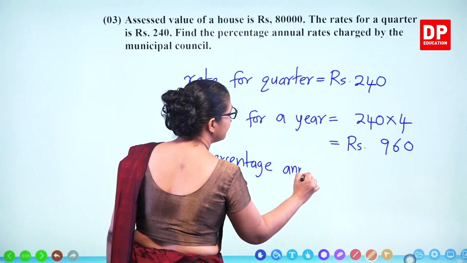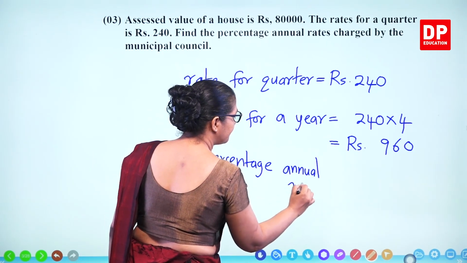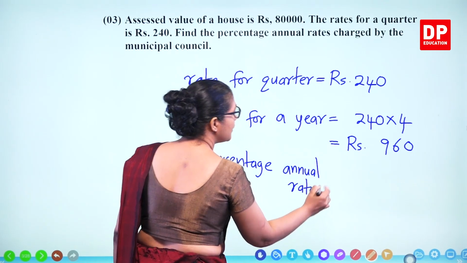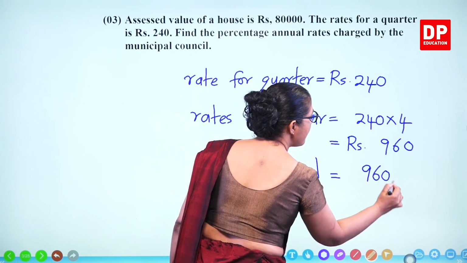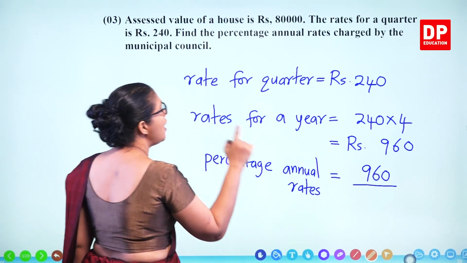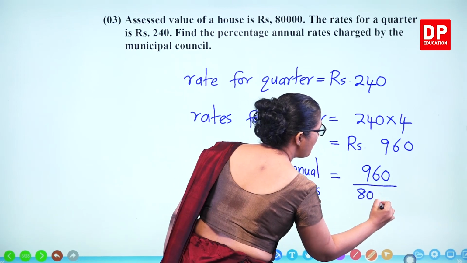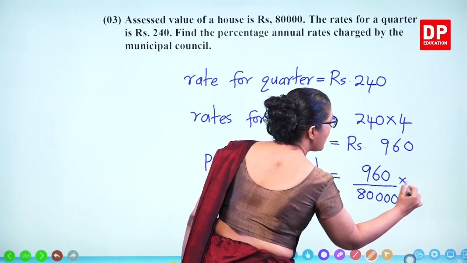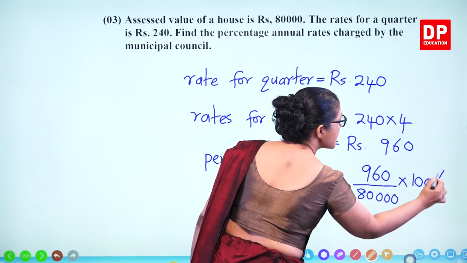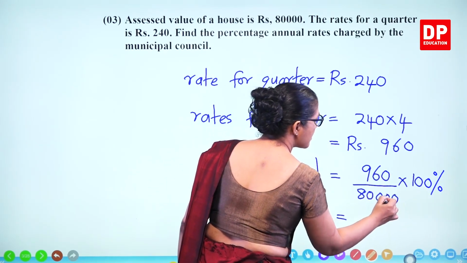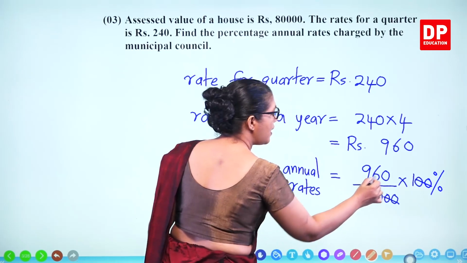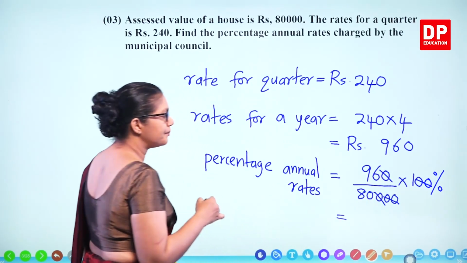Then what's the percentage annual rates? The rates for a year are 960, you are paying for 80,000 rupees, and multiply by 100%. Now there are 2 zeros with this one and 1 zero here.